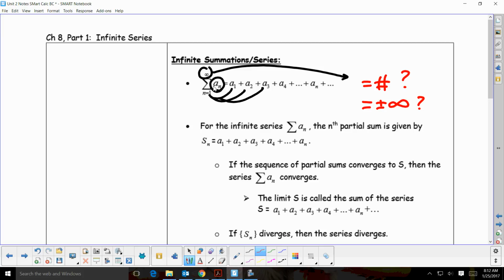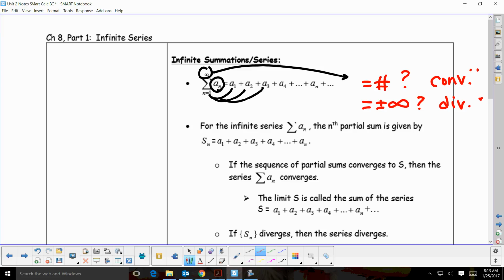Yes. So if this equals a number, we're going to say that the series does what? Converges. And if it doesn't, if it equals infinity or negative infinity, we're going to say that the series diverges. And that's the whole goal of all of these tests, is determine which one it does. Okay?